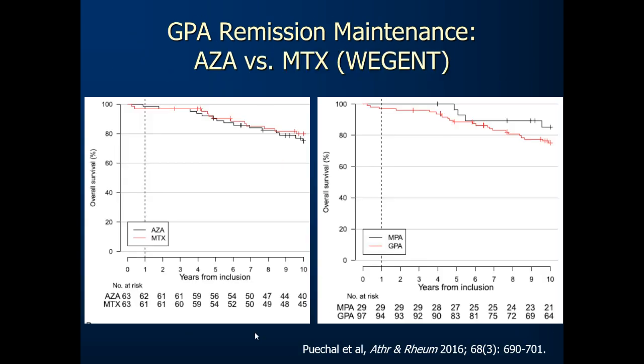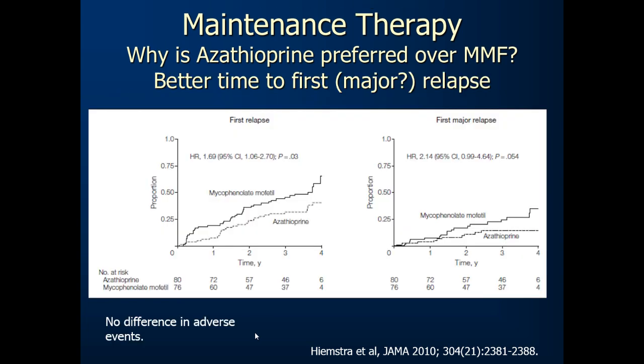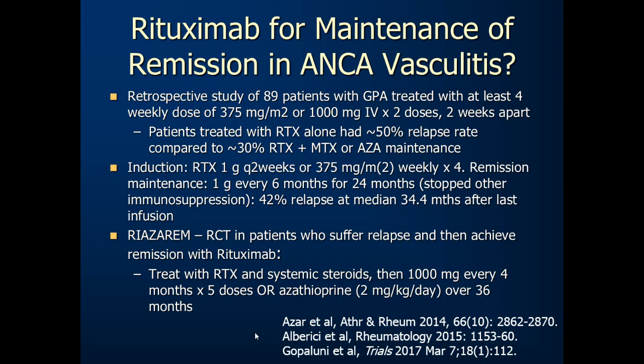Yeah. Last couple of slides. The study, which one? This one? Okay. So when you compare rituximab to the other agents for maintenance therapy, the goal would be to bring the steroids off much faster.